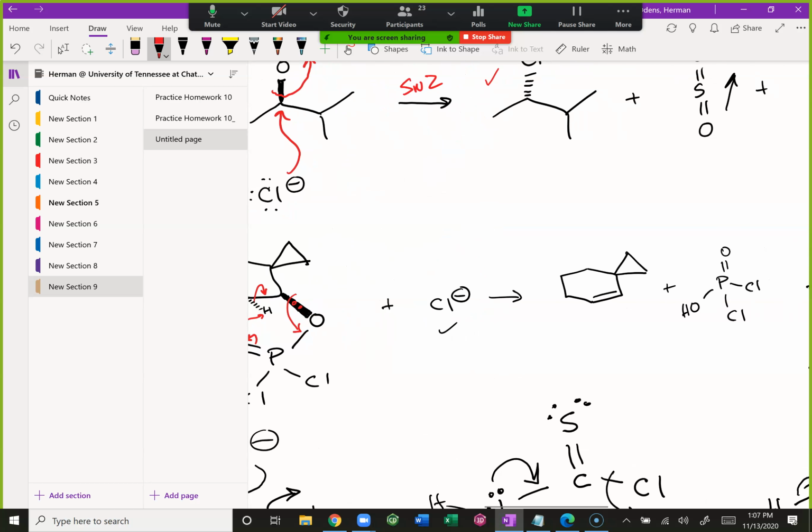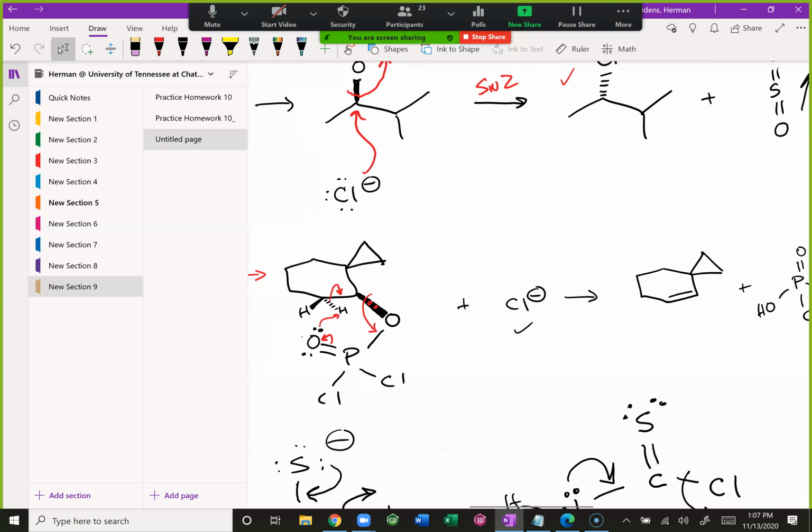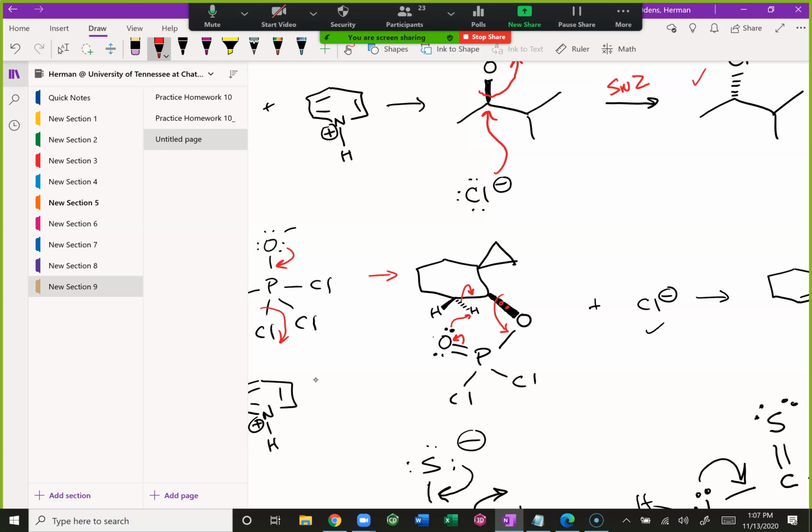The formation of that P double bond O, it's one of the strongest bonds in nature. Not the strongest, but on the strongest list is way up there on the top, maybe third or something. So always remember that it's an anti-periplanar grab. All right.